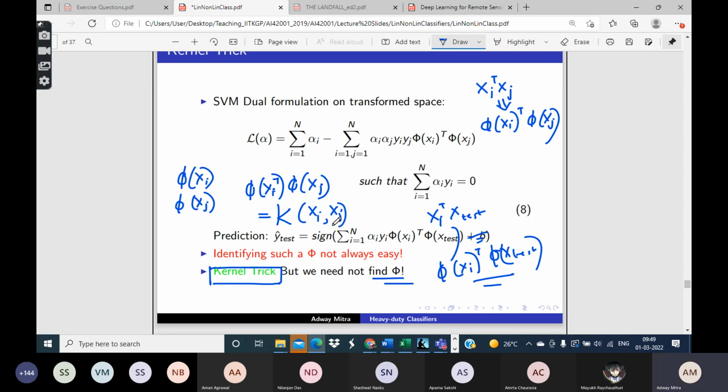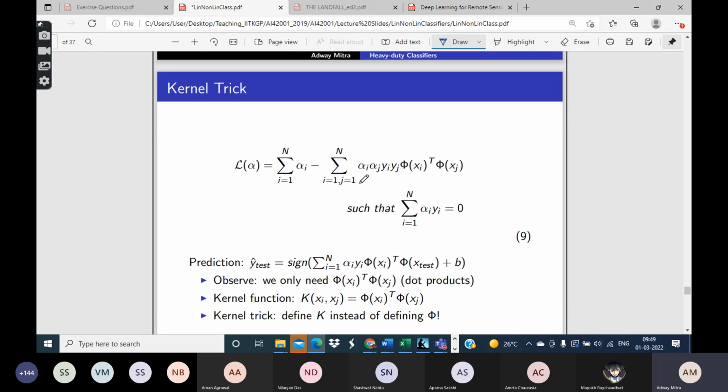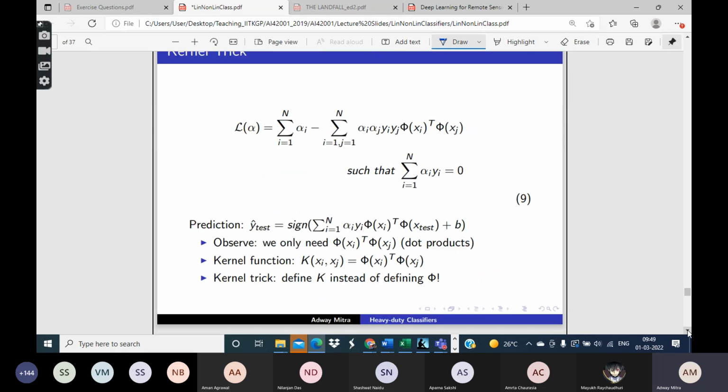So this capital K, this function, is what I call my kernel function. The kernel function parameterizes the dot products between xi and xj in the phi space, even though it does not take phi itself, it does not utilize phi itself.